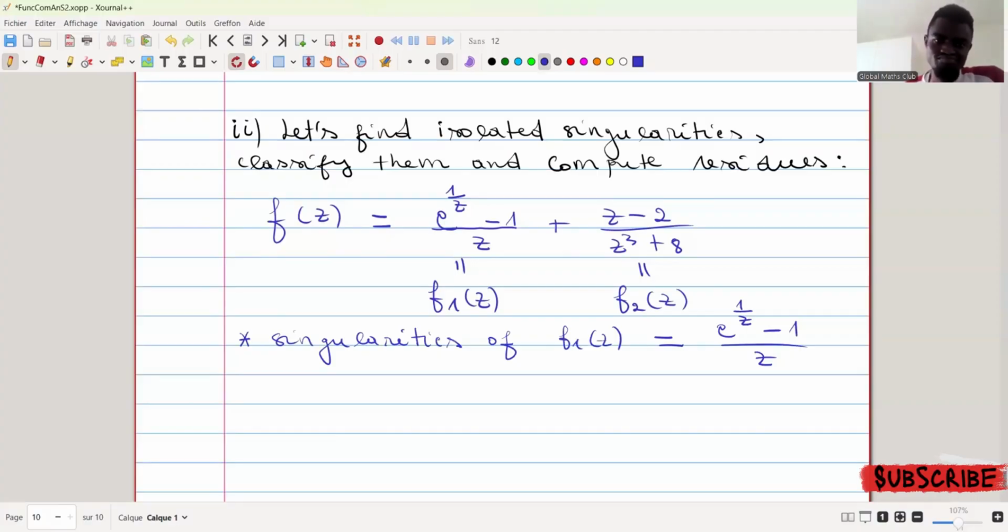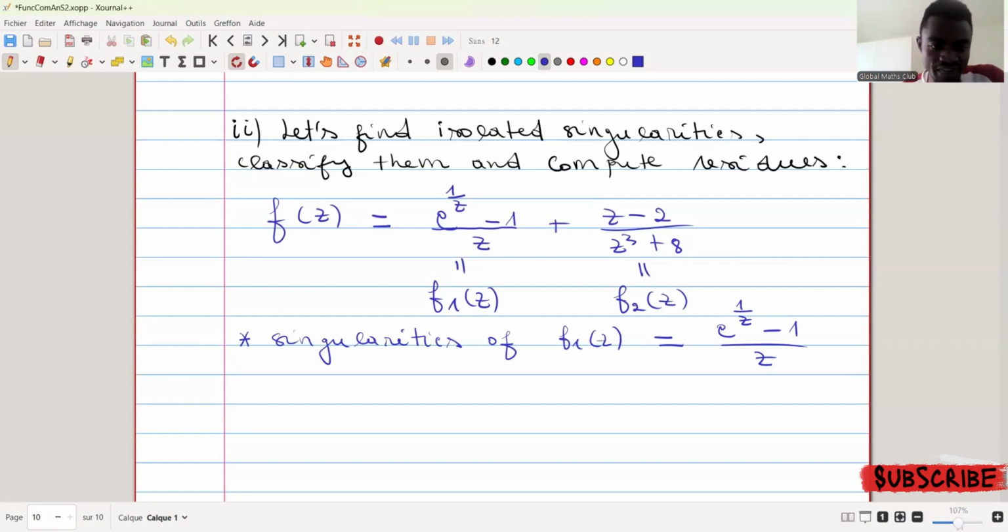To see the singularity, you have to see where you have a problem. You notice the problem when computing the image of f1 at z equal to 0.